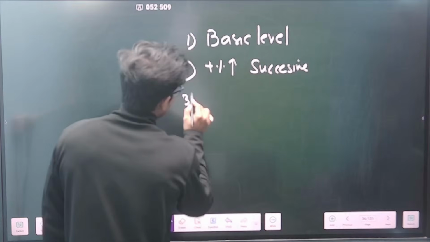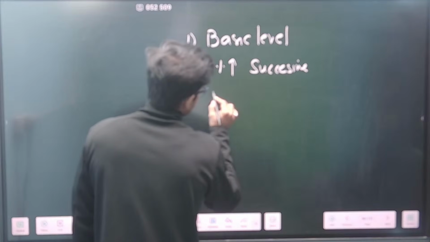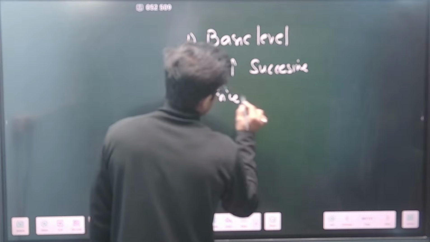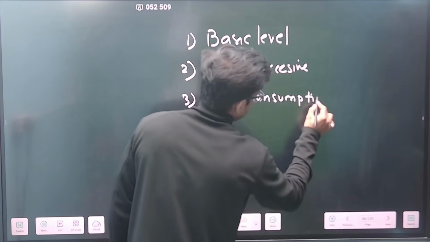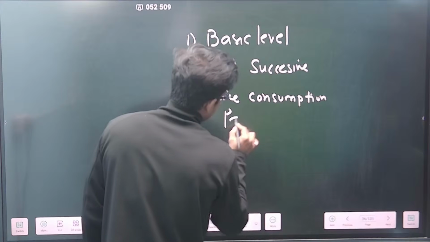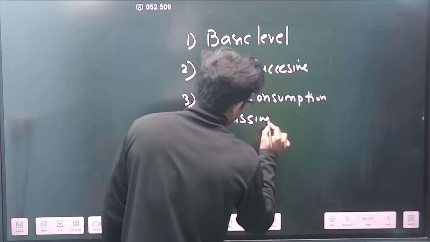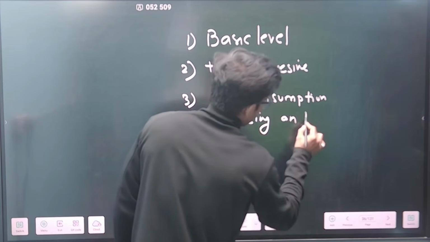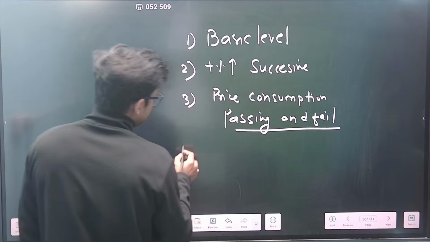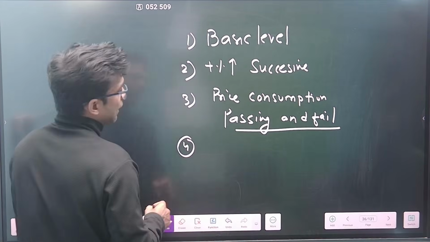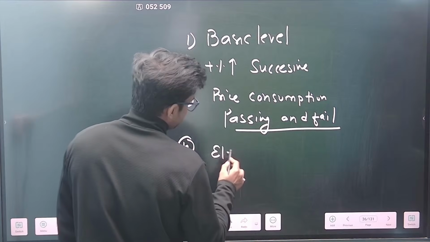In the third class I talked about price and consumption. Then I talked about passing and fail, and I have shared every PDF. In the next class, the fourth class, I will guide you about election questions.